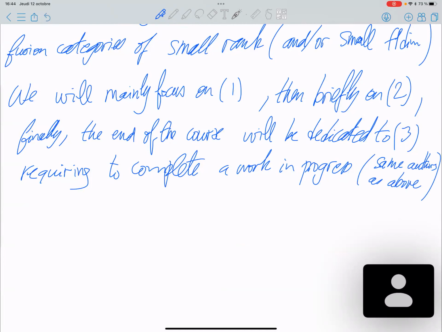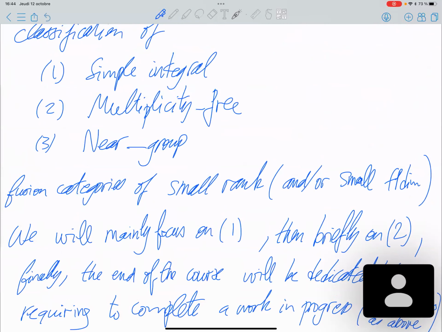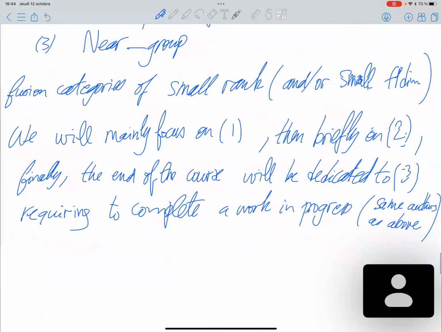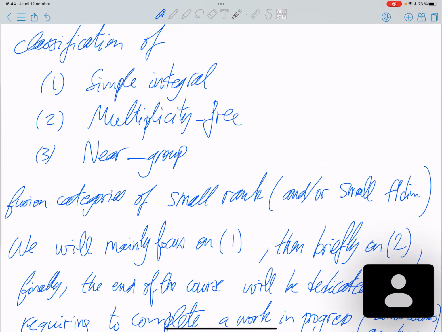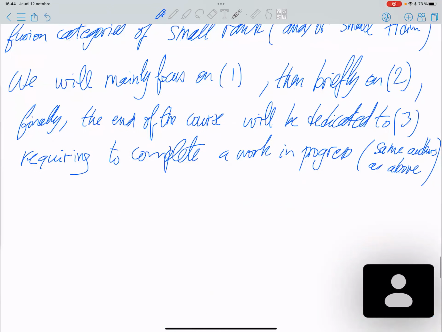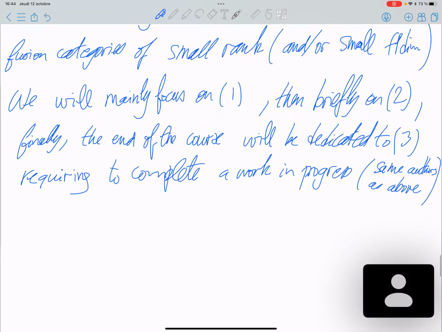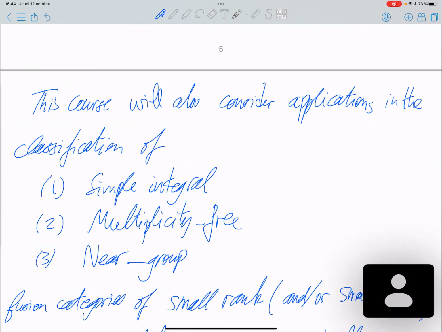Okay. So this is the main point, the main application. But in fact, the localization strategy is not the only tool we will use for the classification of simple integral fusion category.